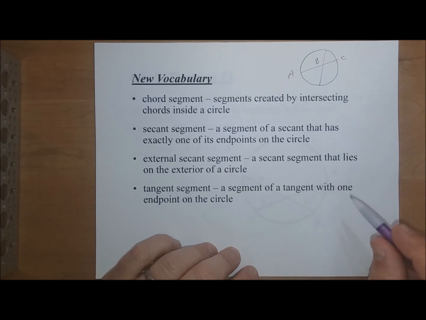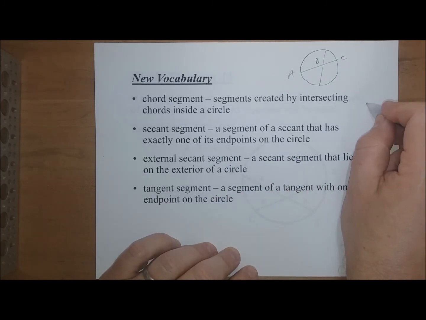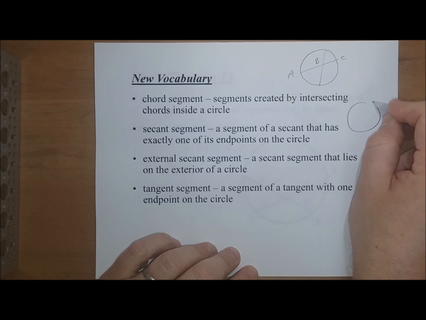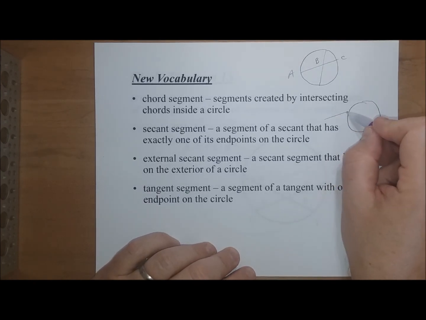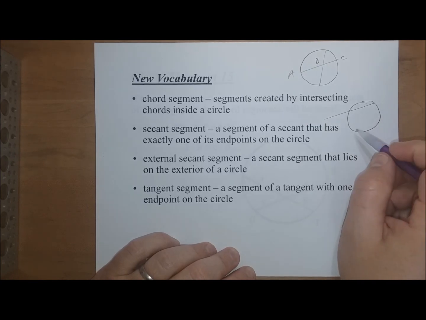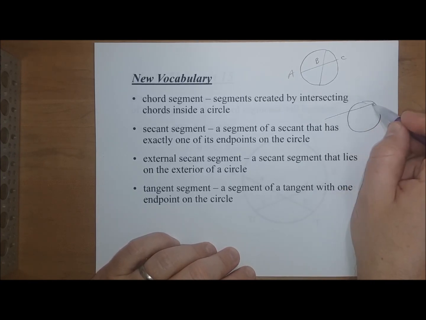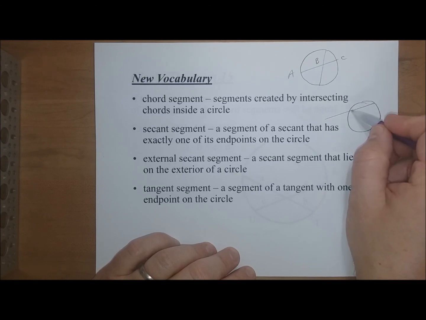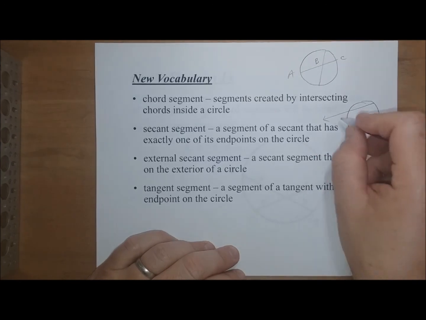Secant segment, likewise. A secant segment is a segment of a secant that has exactly one of its endpoints on the circle. So we would not call this piece a secant segment, because that's a chord, right? It's got both its endpoints on the circle.